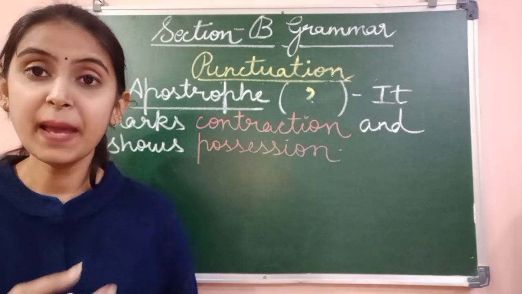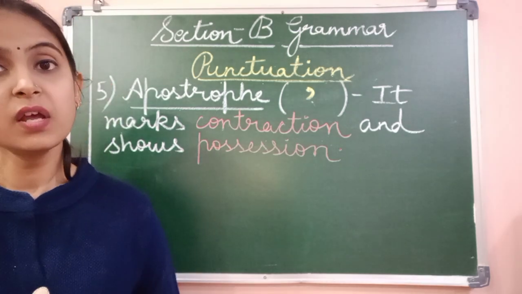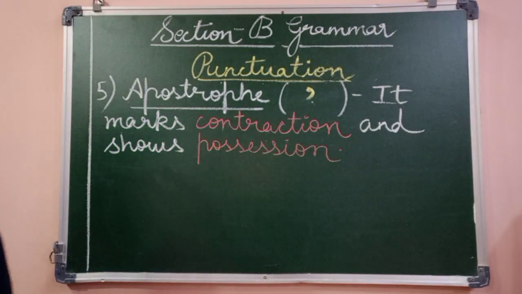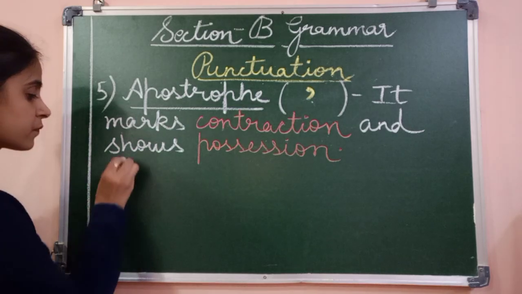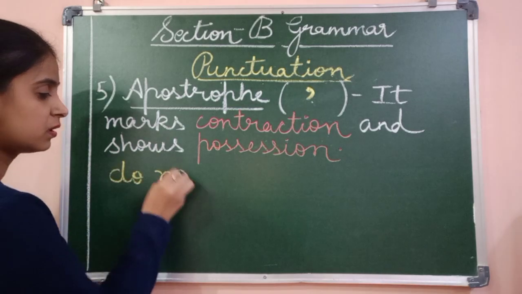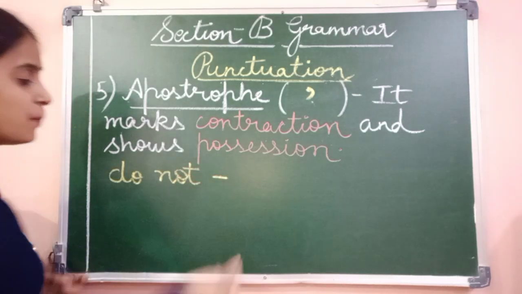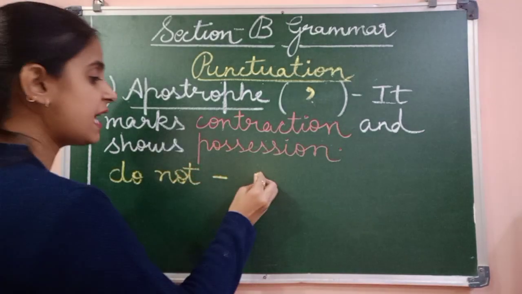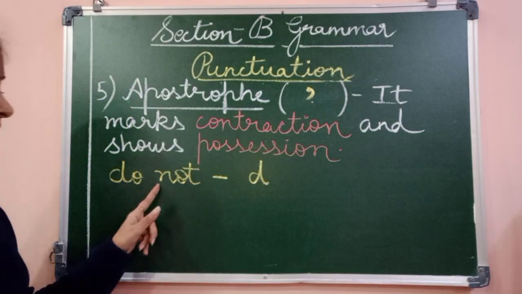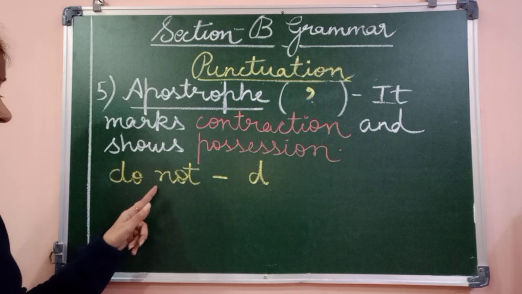Omitting means missing out a letter or 2 letters from that word. For example, I write the word do not. Okay, and if we have to make this word short, we can just omit this letter. Omit means we can just skip this letter.